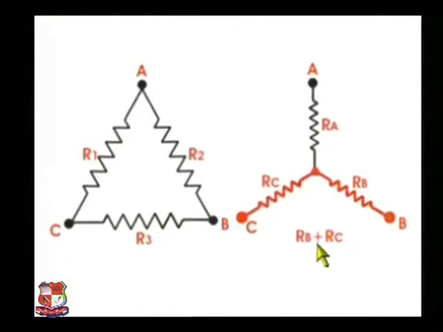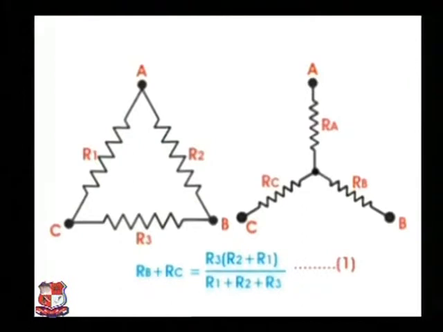Here RA will not come into our calculation as it is just open circuited. Since the two systems are identical, resistances measured between points B and C in both of the systems must be equal. So, RB plus RC is equal to R3 into R2 plus R1 divided by R1 plus R2 plus R3, and say this is equation 1.